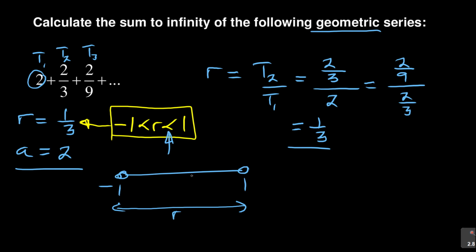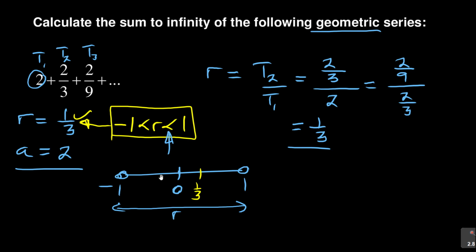If I say this is 0, where is 1 over 3? It lies somewhere here. Do you see that it does fulfill that part? So in a way, r is a fraction or a decimal, 0 comma something.